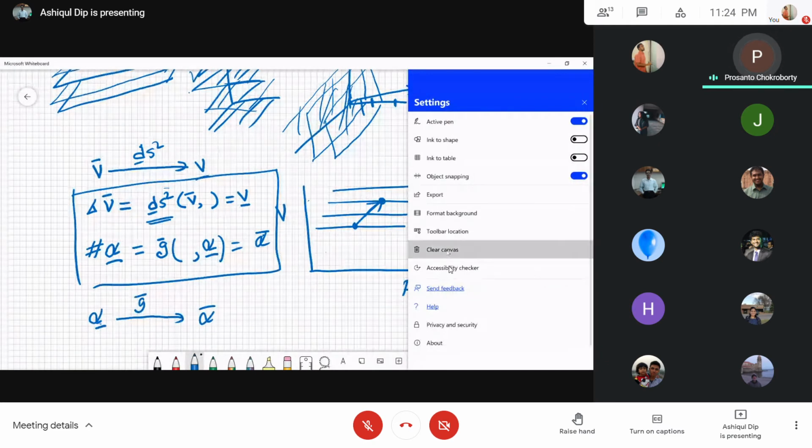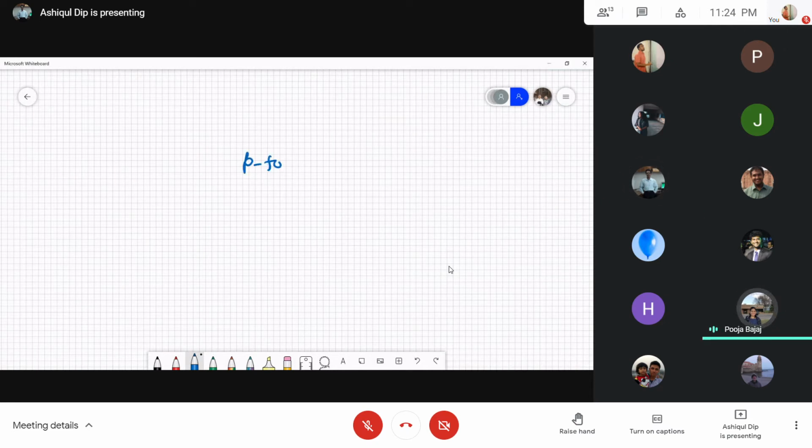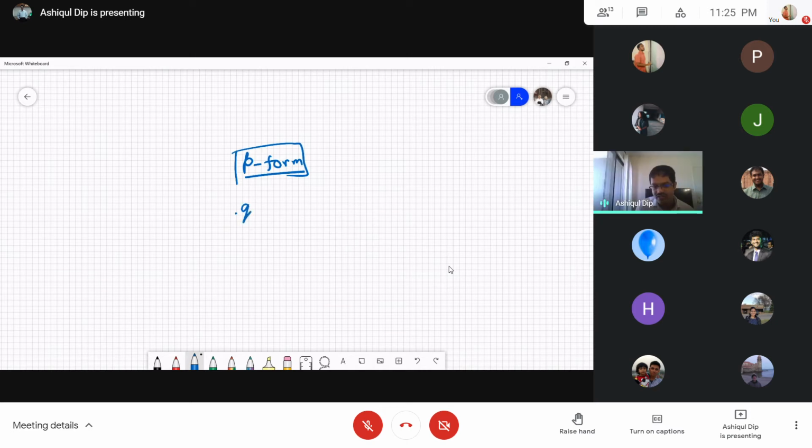Why is the name one form? Because we have a general definition of an arbitrary P form. First order differential form, yes. These dfs are one forms. We also have a general definition of Q vectors, or P vectors.